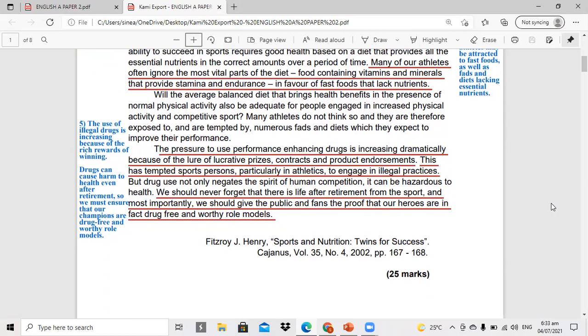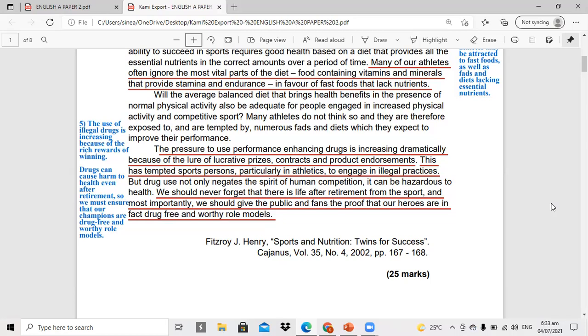Sorry, yeah, paragraph five. And we can kind of have an idea of how we can wrap up our main ideas, right? So paragraph five, our main point can be something like, because we see that in the beginning of the topic sentence here is the pressure to use performance enhancing drugs is increasing dramatically because of lucrative prices, contracts, and product endorsement.